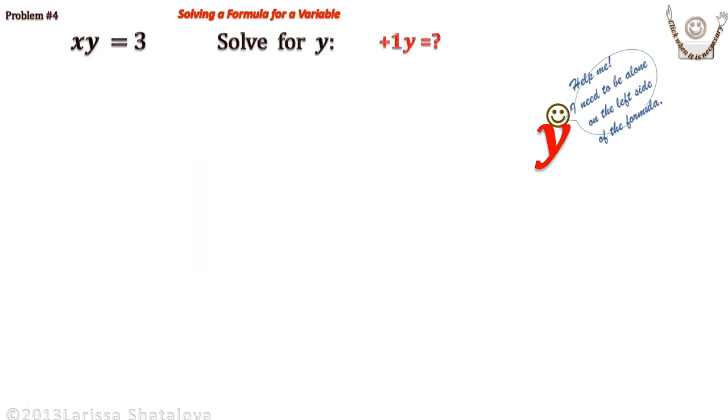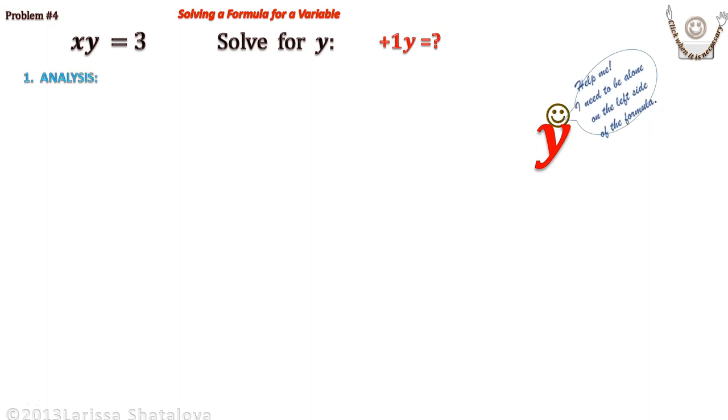Next problem. The same equation or formula, x times y equals 3. But this time we have request solve for y. That means that we have to rewrite this as positive 1y, or y, on the left by itself. And now we are ready for analysis.